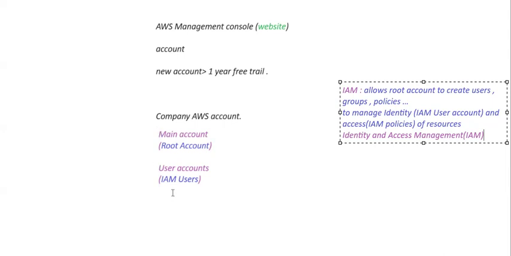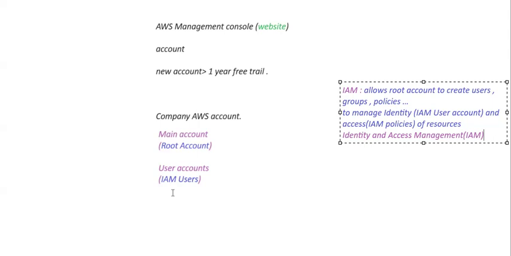Okay. Can I call the root account the root user? Yes. Can I call the IAM account an IAM user? Yes. So why is IAM used? For managing the identity of users and access of resources. Are these IAM users sub accounts of the root account? The answer is yes.